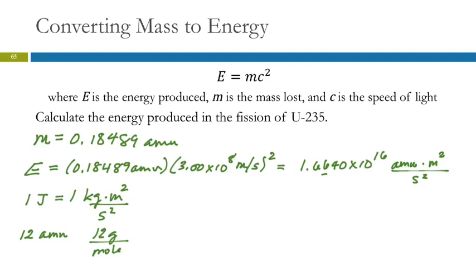How about if we took, so we have 1 atom of carbon-12, and that weighs 12 atomic mass units per atom. And we want a mole of these. So what do we multiply by?